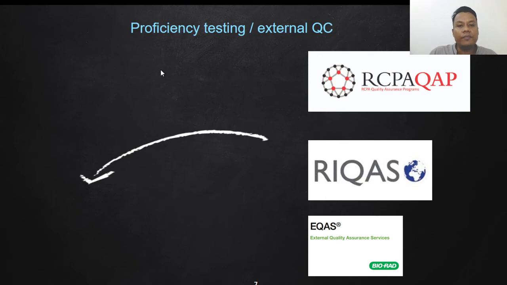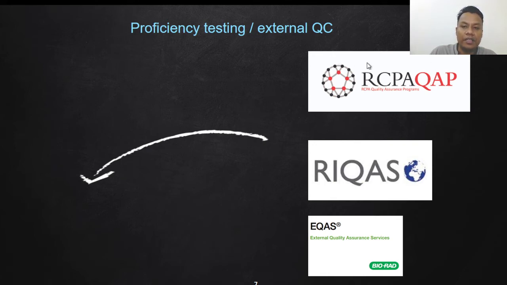Okay, second, we have the proficiency testing or external QC. Here we have RCPA from Australasia, RCPAQAP, RIQAS from the UK, and CAP from the US. These are external bodies that provide the service of proficiency testing.